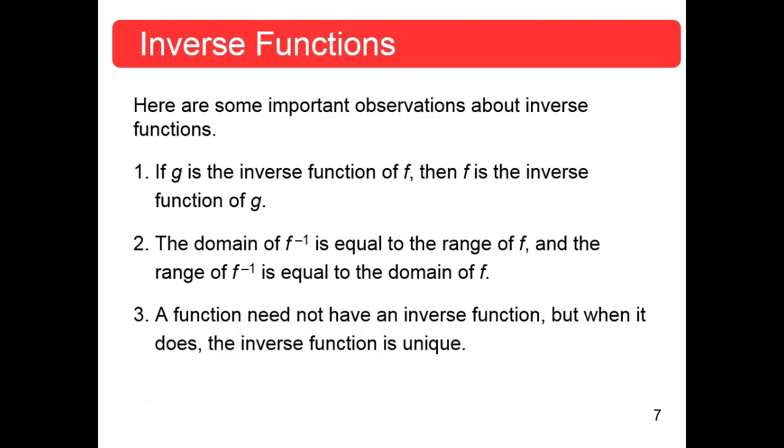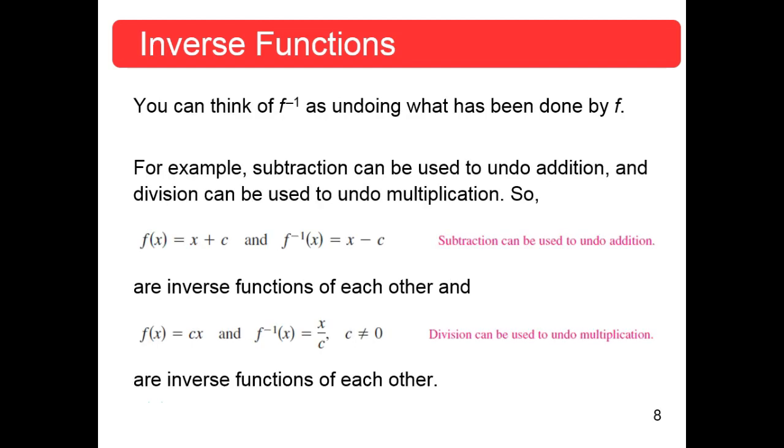The domain of f inverse is equal to the range of f. We've already said that. And the range of f inverse is equal to the domain of f. Number 3, a function need not have an inverse function, but when it does, the inverse function is unique. It only has one inverse. Some don't have inverses, but if it does have an inverse, it's a unique function.